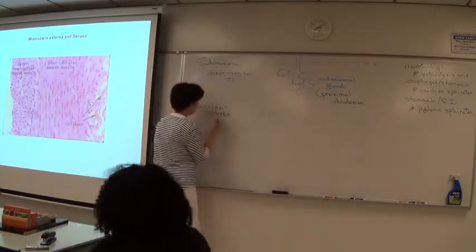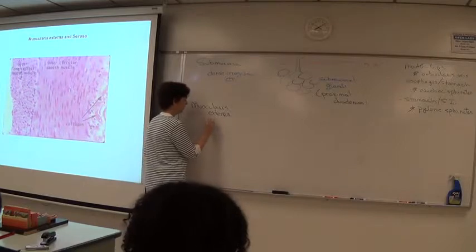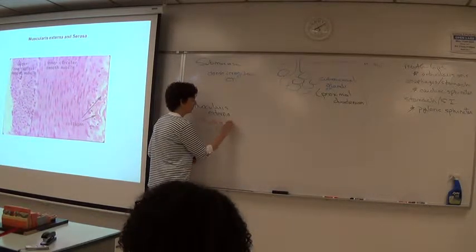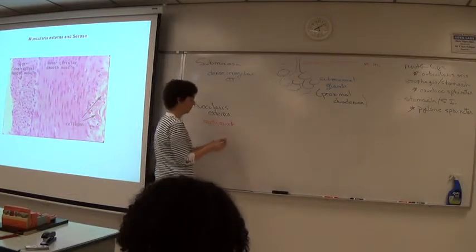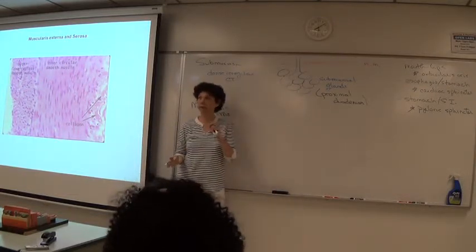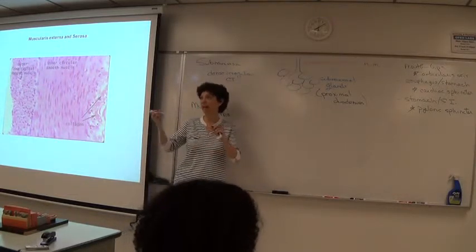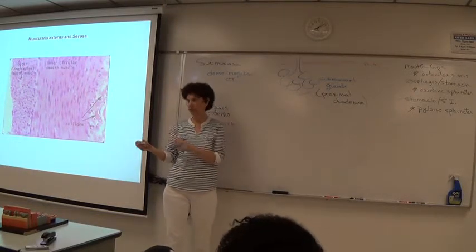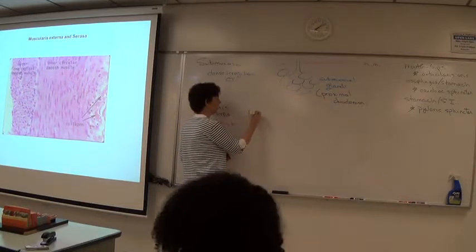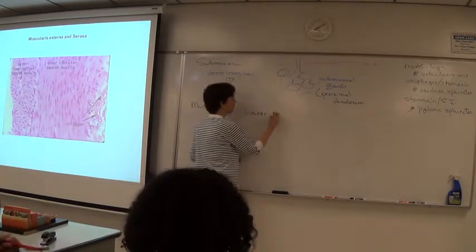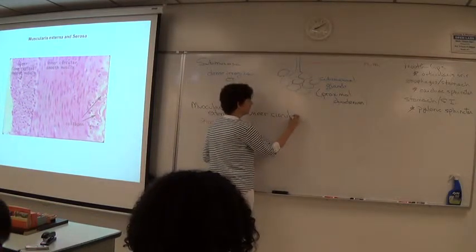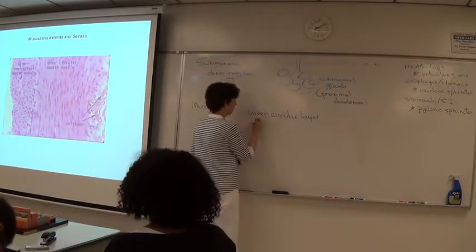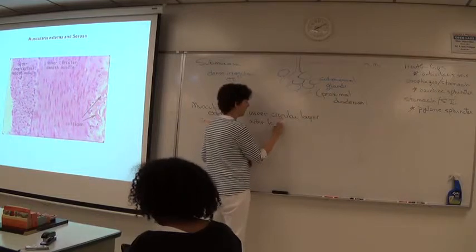So smooth muscle. Remember, I want you to include the words inner and outer. We're not talking about belly buttons here, okay? And innermost when we're talking about the stomach. So an inner circular layer, and an outer longitudinal layer.